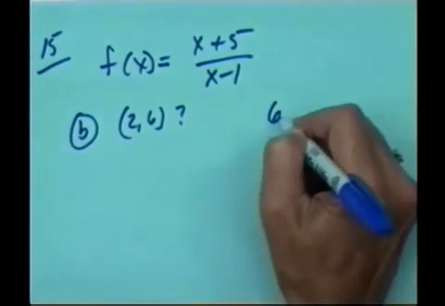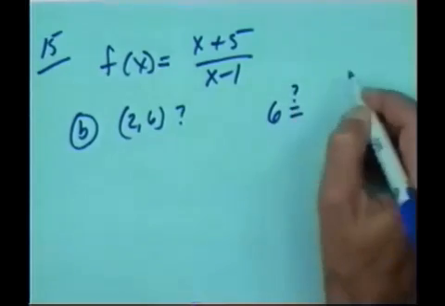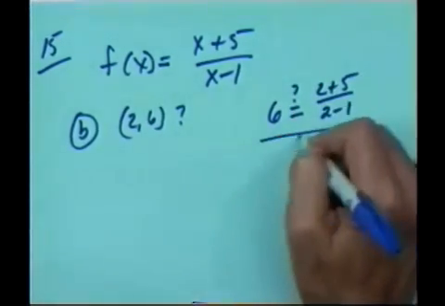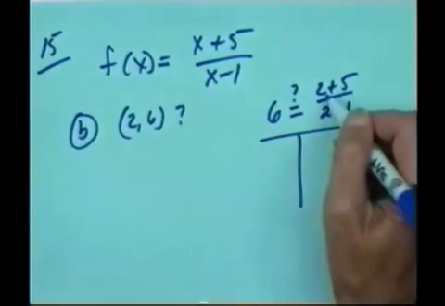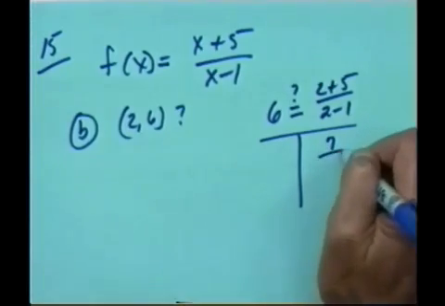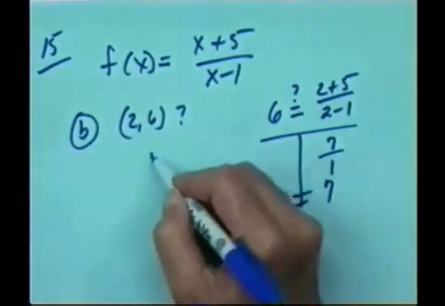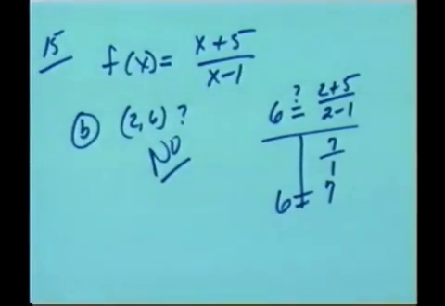So you would have to say, is 6 equal to 2 plus 5 over 2 minus 1? And if it is, you're going to get 7 divided by 1. 7 is not equal to 6, and you go, nope, it is not. Okay? And which other one there? D.